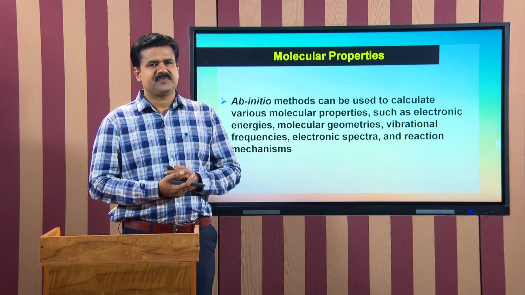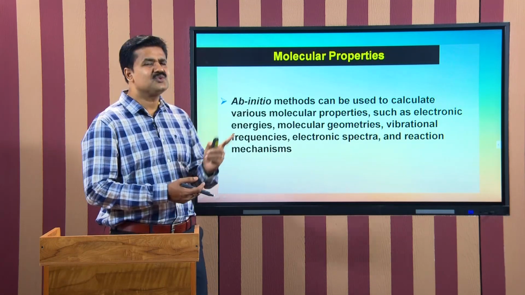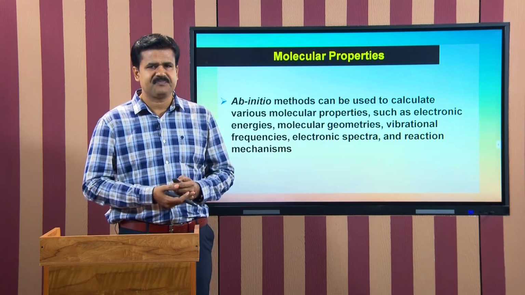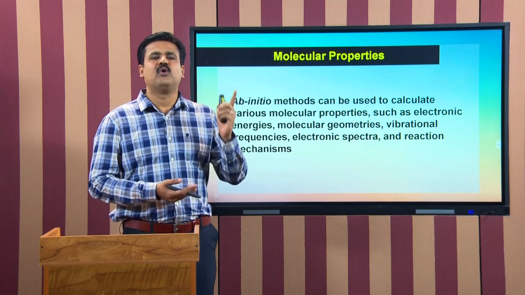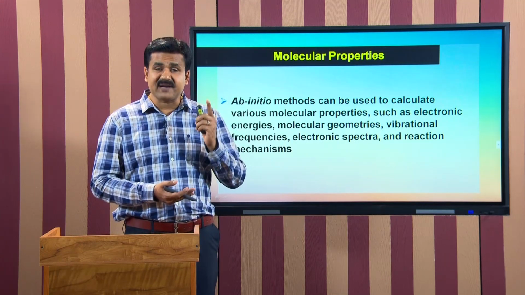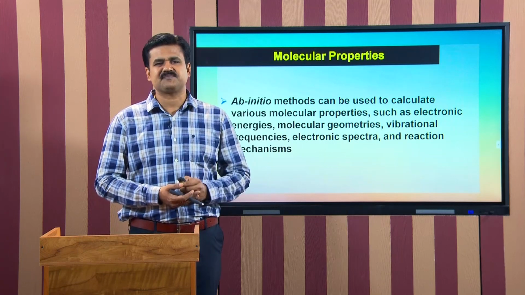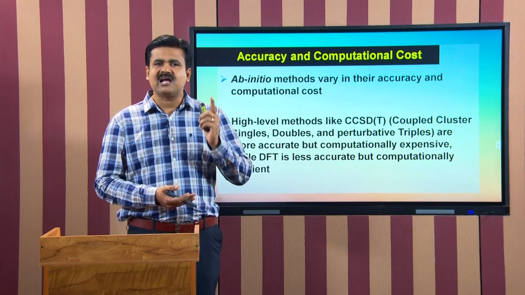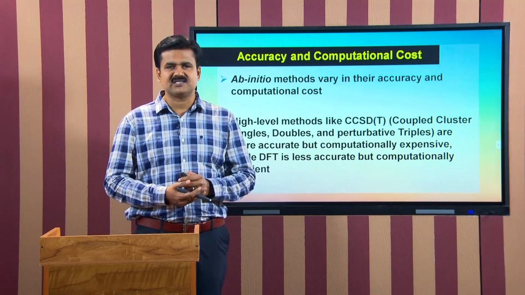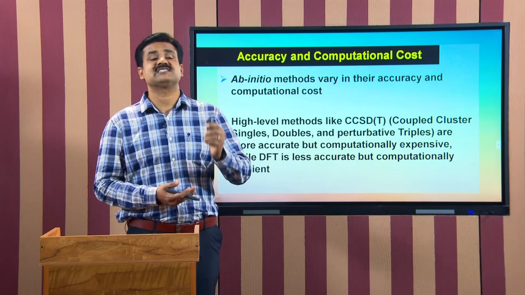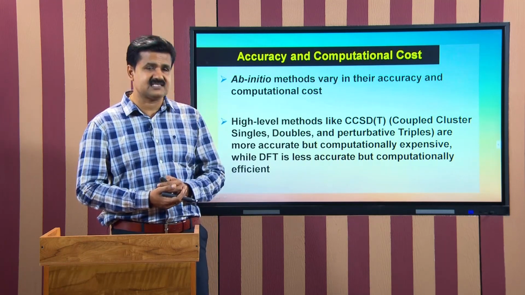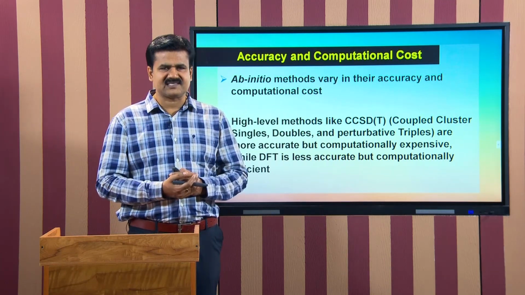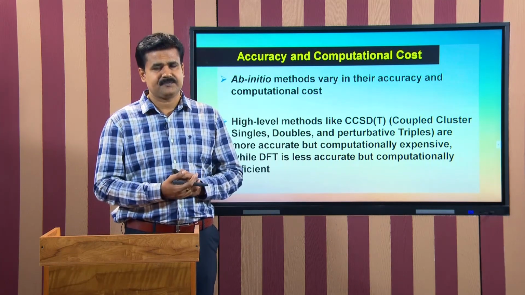Molecular properties. Ab initio methods can be used to calculate various molecular properties such as electronic energies, molecular geometries, vibrational frequencies, electron spectra, and reaction mechanisms. Accuracy and computational cost are very relevant as far as the ab initio methods are concerned. Ab initio methods vary in their accuracy and computational cost.